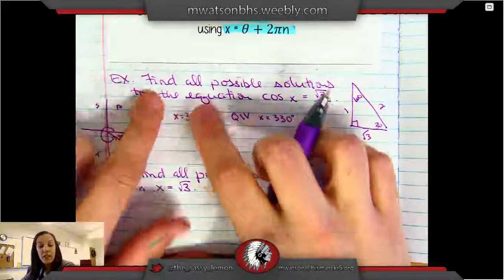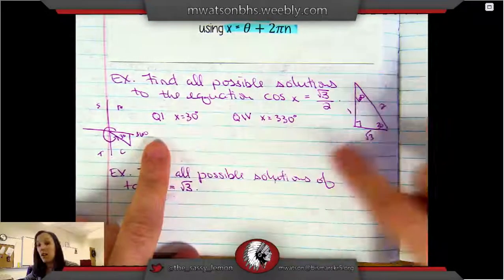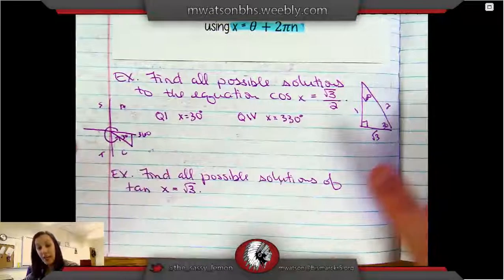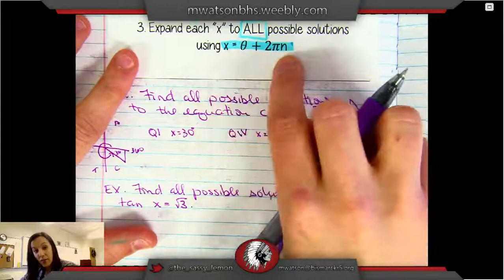However, it tells us to find all possible solutions. And since cosine is a curve that goes on to positive infinity and negative infinity, we need to use this formatting for our answers.